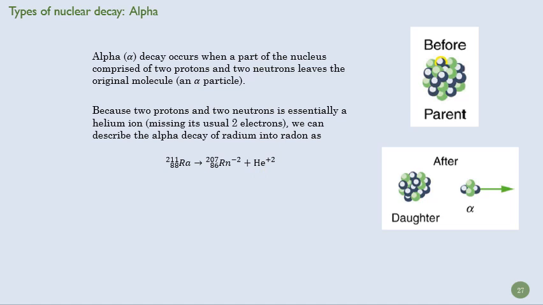So this is the notation we'd use for an alpha decay. And anytime you see alpha decay, you'll have the same relation. It's going to be -4 for the mass number, -2 for the atomic number. You're going to end up with a positively charged helium nucleus flying away, an alpha particle, and a negatively charged element.